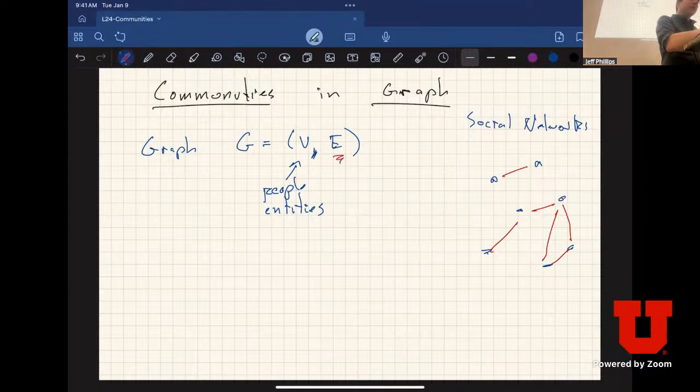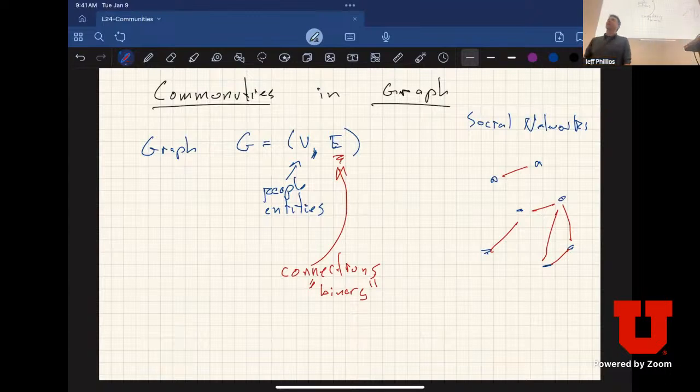And these edges, these are the connections between people. Okay, and they will often be modeled as binary. Okay, and this has always seemed, based on some of the philosophical view I bring to the rest of this class, this always seems odd to me that we've represented an edge, a connection as always being there or not. But this choice of edges is really going to be a modeling choice.